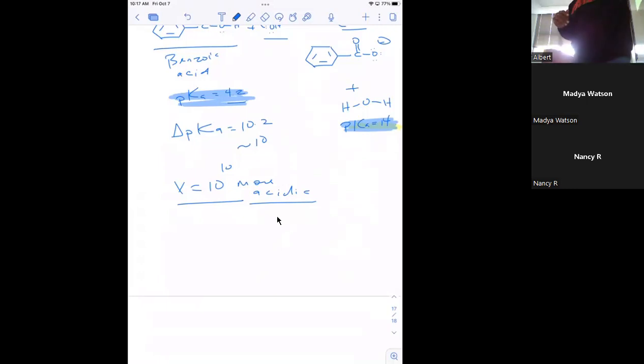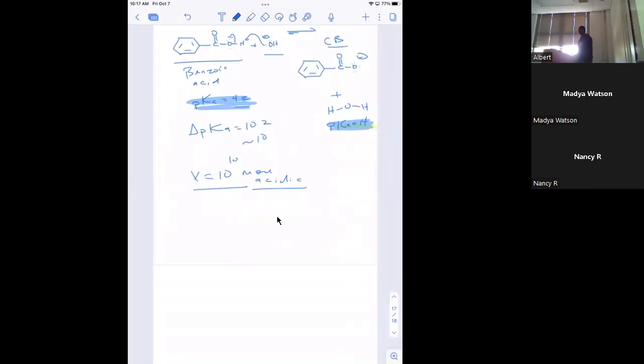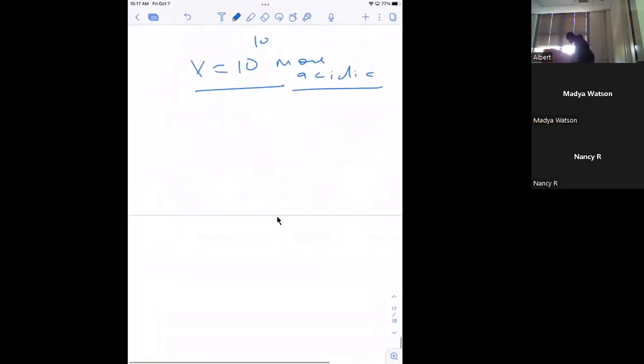So it's this versus OH minus. Yes, that's probably the main point. Not the only point, because let's look at the two conjugate bases. So let's test that question.